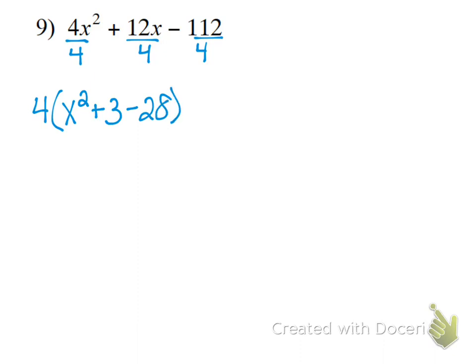Now, once I've done that, I have to go back and relook at this and say, is there anything else I can do to this? This is going to be a quadratic, which means I can factor this. So I'm going to end up with my 4 times, and then I'm going to factor this.